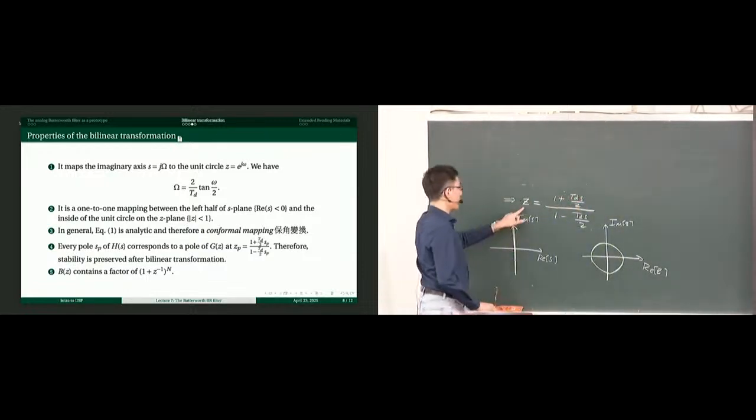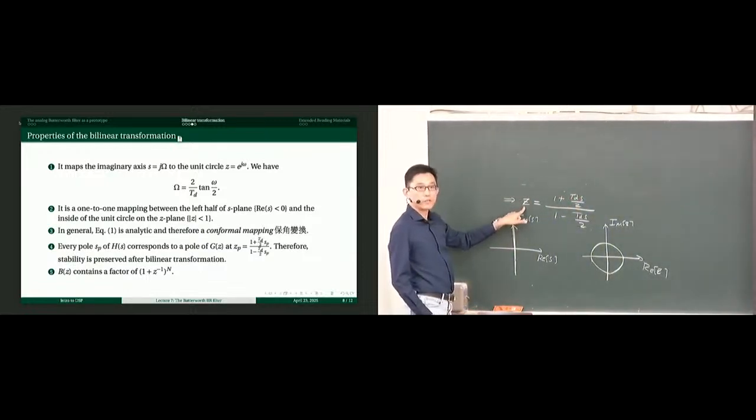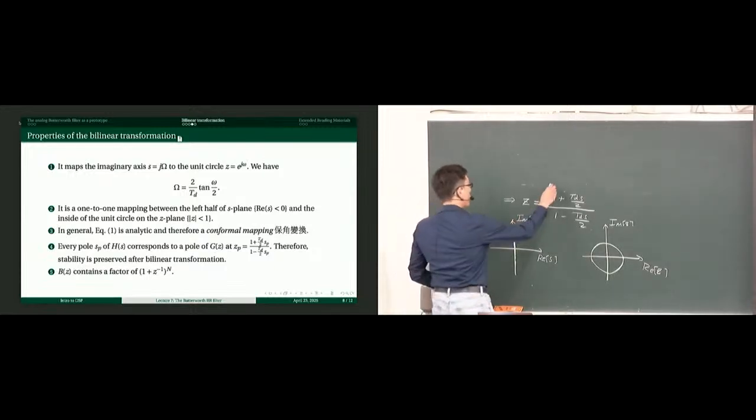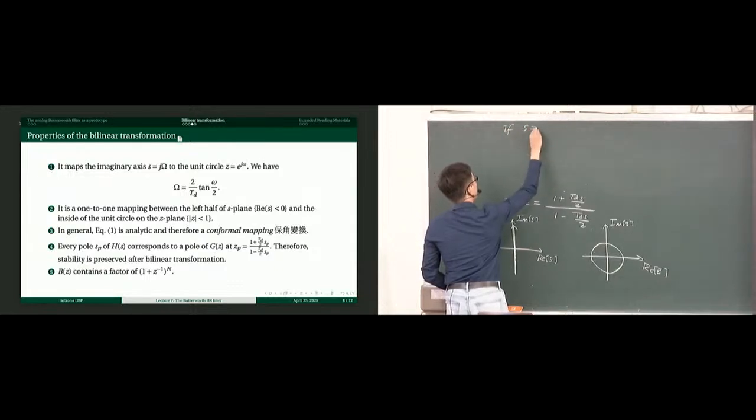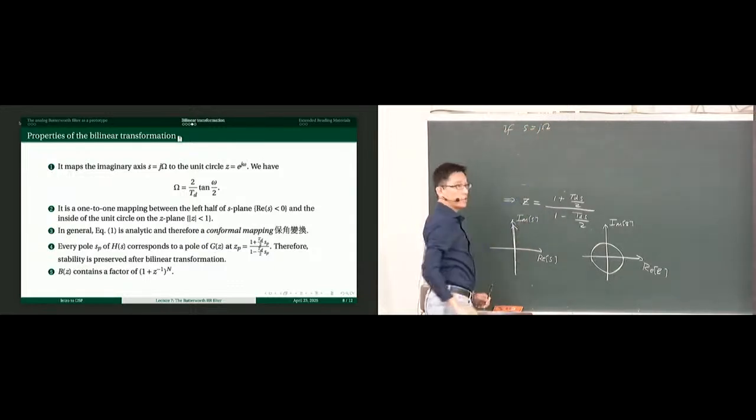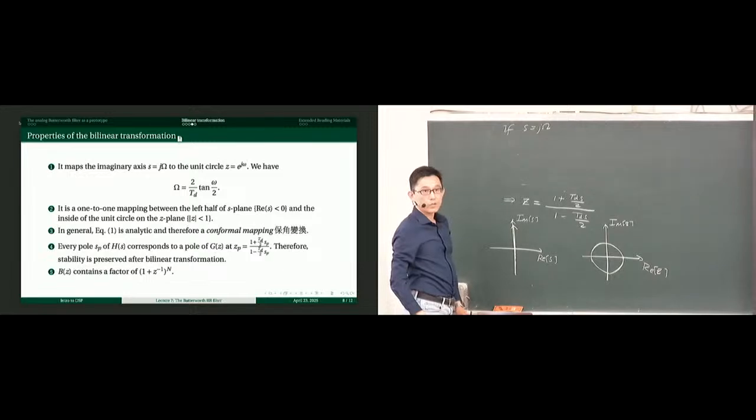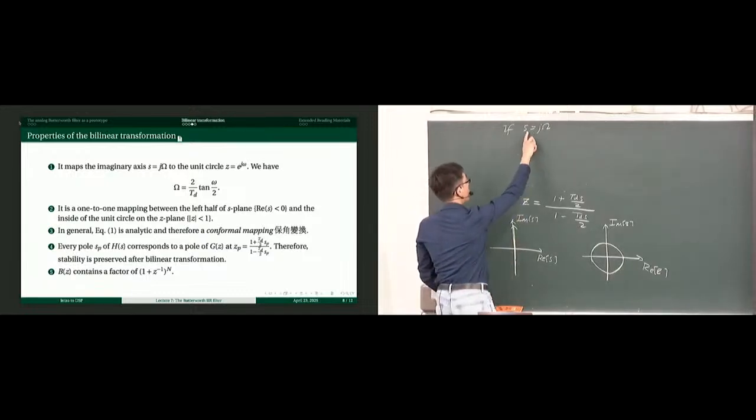Let's say from here, that's Z as a function of S. If S is j omega, where is it mapped to in the Z plane? We just substitute S with j omega right here.